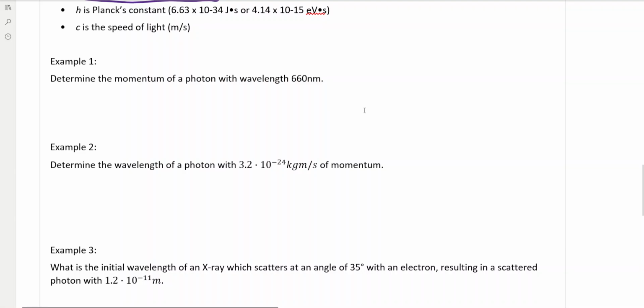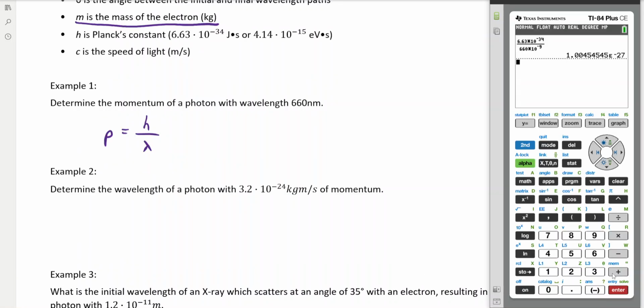Alright, so let's do a couple example questions. If you can do them, I recommend you pause the video, try it out yourself, and see if you get the same answer that I do. But to determine the momentum of a photon is very simple. It's h over lambda. And so you can plug that in.